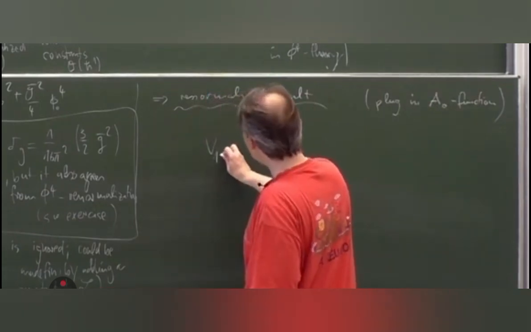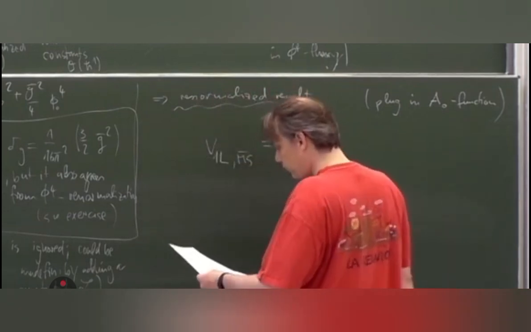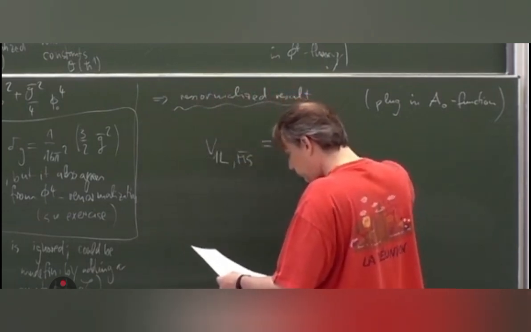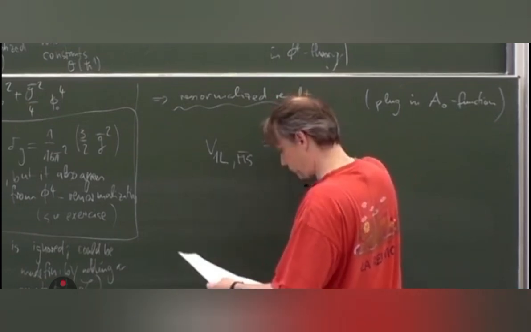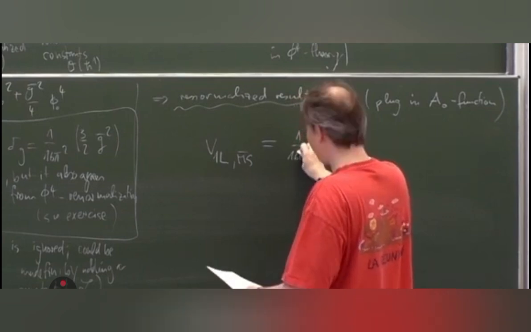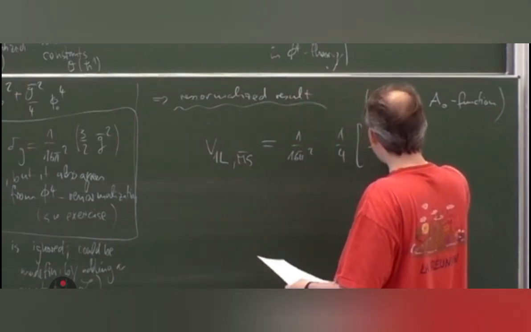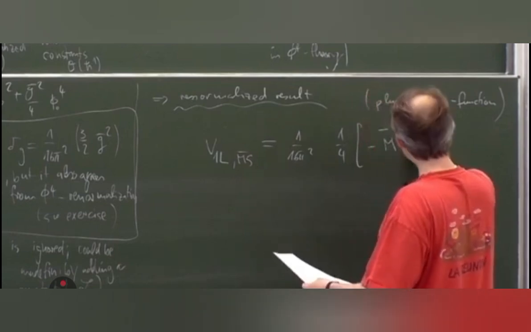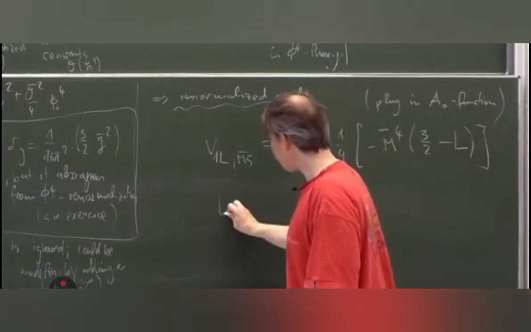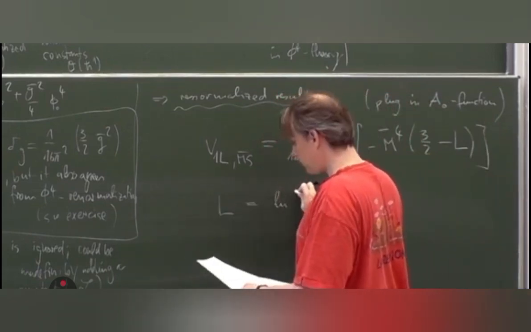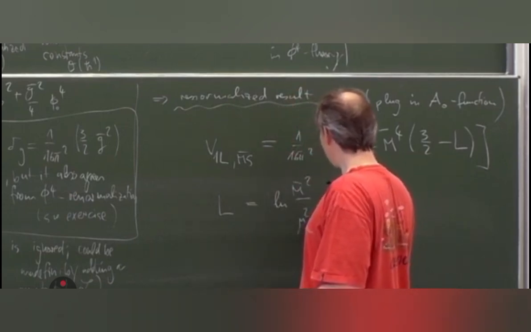So the potential up to the one loop level in the MS bar scheme has now the following structure, namely 1 over 16 pi square times 1 over 4 minus m bar to the fourth power times 3 over 2 minus L, where this L is the logarithm of m bar square divided by this mu square in the MS bar scheme.